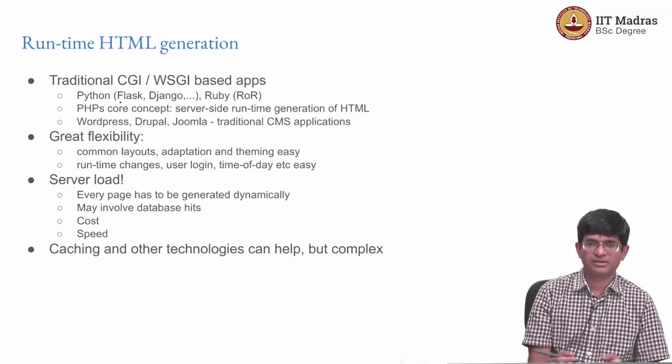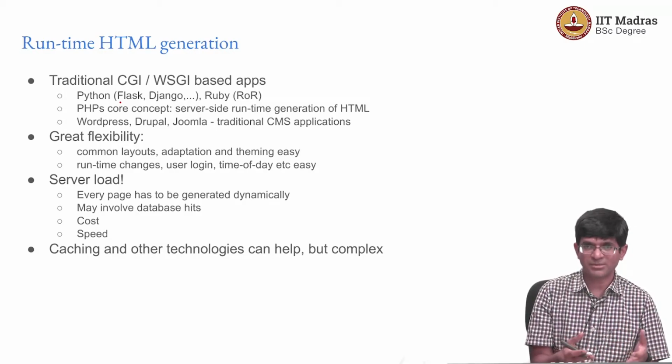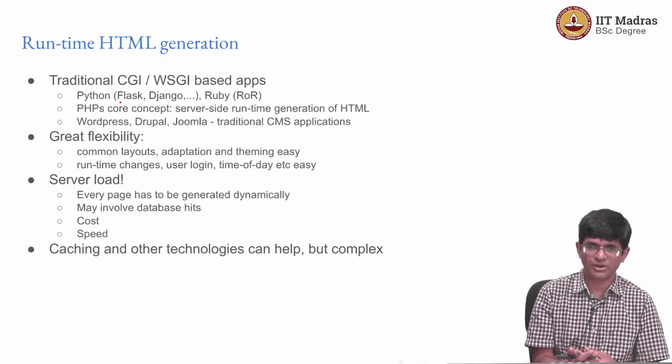On the other hand, even the framework that we are using in this course, Flask, what does it do? It's basically a web services gateway interface, WSGI type of application, and every single request that comes from a client is processed at runtime, right? So the server has to go run some script, come up with a response, render a template, and send it back to the user.